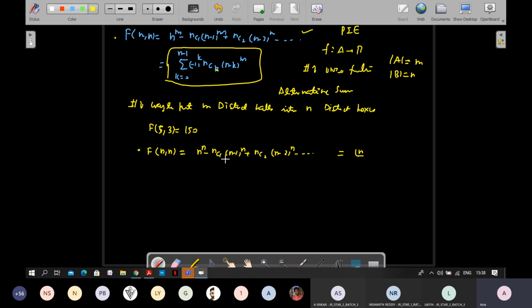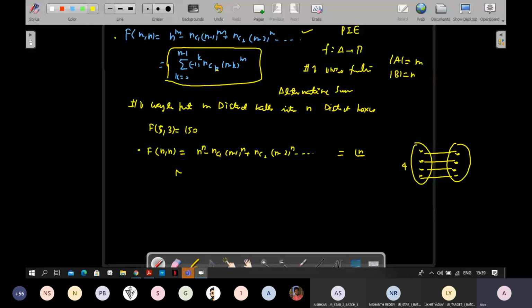Because you are asking for an onto function from a set having n elements, say 4 elements, to a set having 4 elements. So it has to be one-one as well, and that means it is actually bijective. So it is just like a matching problem: 4 persons and 4 chairs, so they can sit on the chairs in 4 factorial ways.